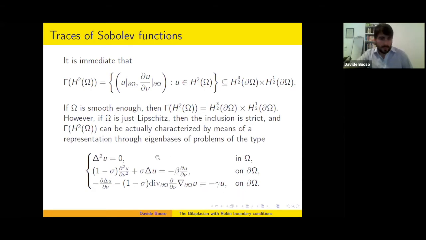And using eigenfunctions of these types of problems, you can completely characterize the space of traces for H2 functions. So this is just to give you an idea that this problem does not come out of nothing. There are interesting relations with other problems also, not just because it's nice.